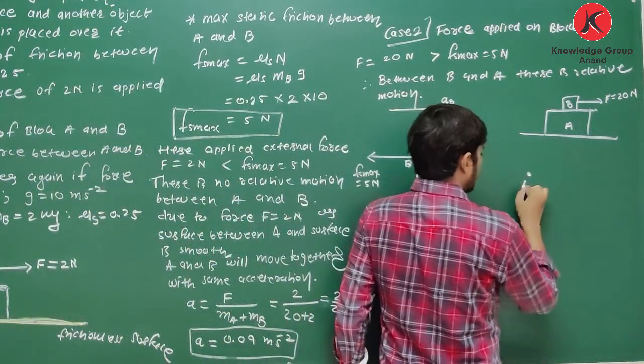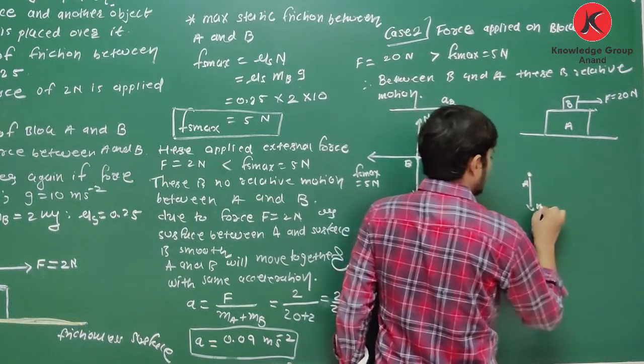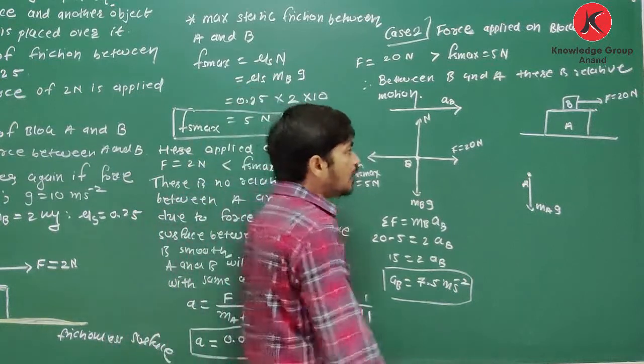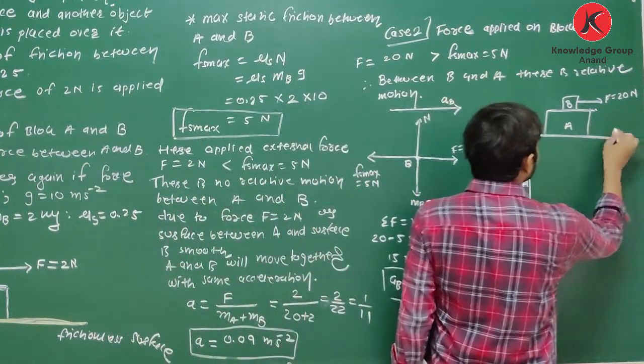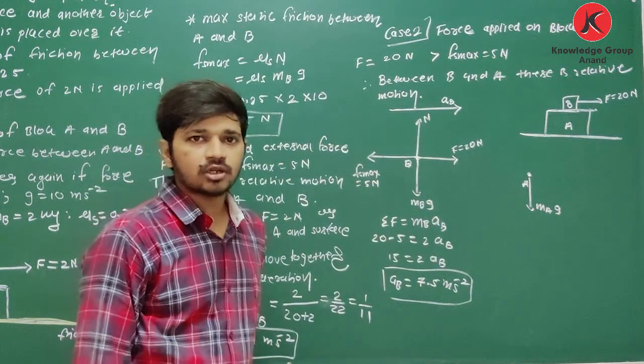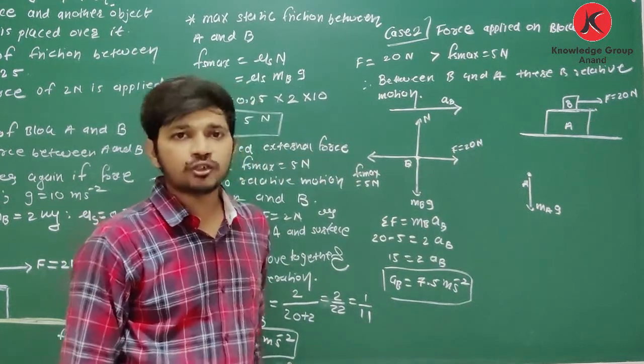Now what about A? On A, first of all, mA g is always acting in the downward direction. Now A is in contact with two surfaces, so there are two normal forces.